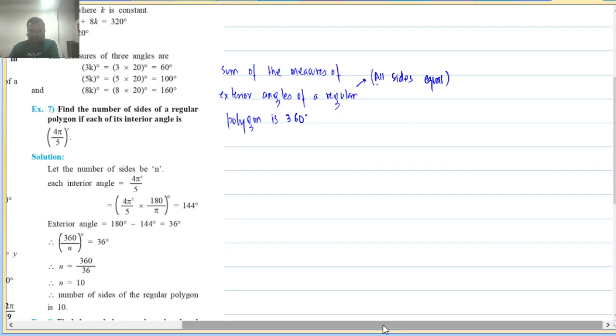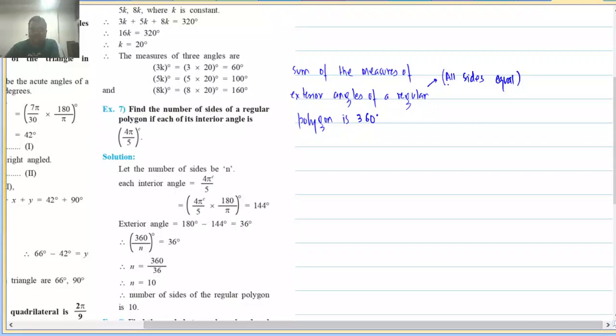Okay. Now, let's look at one vertex of a regular polygon. Suppose this is some regular polygon. So one vertex is this. Suppose this point D. Suppose this is the interior angle, then this is the exterior angle. So we understand that I plus E is 180.